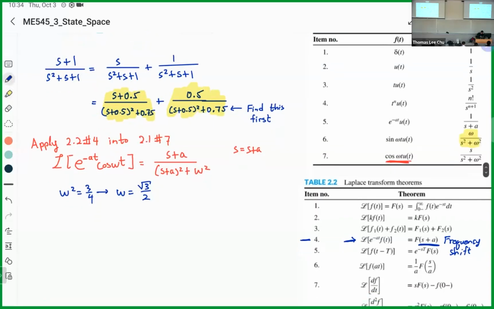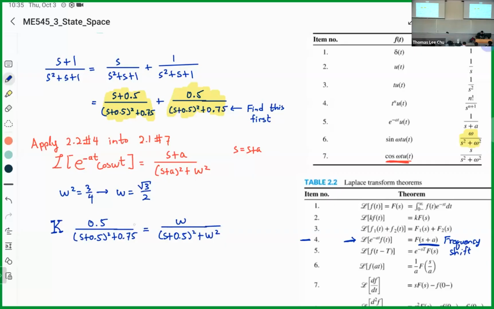Basically we need some constant k multiplied by 0.5 divided by s plus 0.5 squared plus 0.75, and we need that equal to omega divided by s plus 0.5 squared plus omega squared.